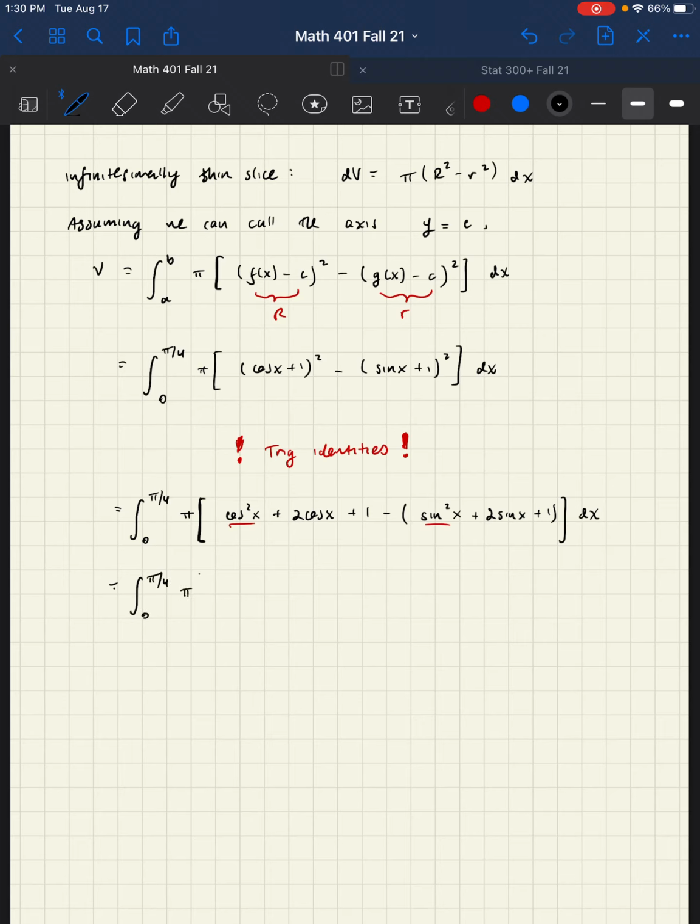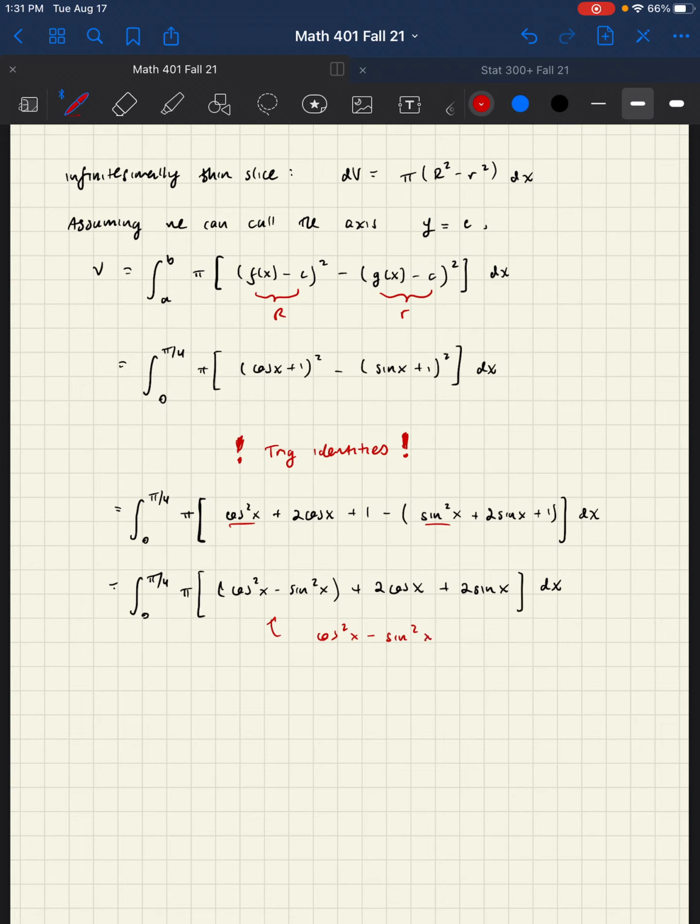Namely, here, if we put those two together, what we've got here is cosine squared x minus sine squared x plus 2 cosine x plus 2 sine x, and then the ones cancel.